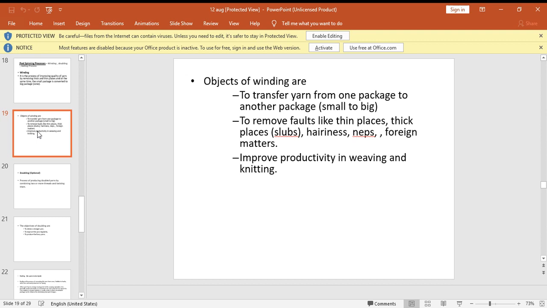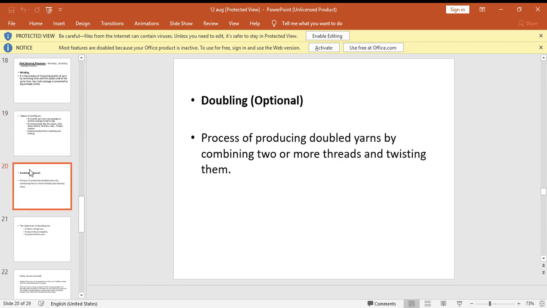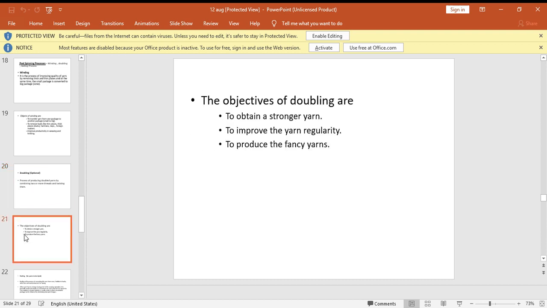It improves productivity in weaving and knitting. Next one is doubling. Doubling may be optional. It is a process of producing doubled yarns by combining two or more threads and twisting them. The objectives of doubling are to obtain a stronger yarn, to improve the yarn regularity, and to produce fancy yarns.